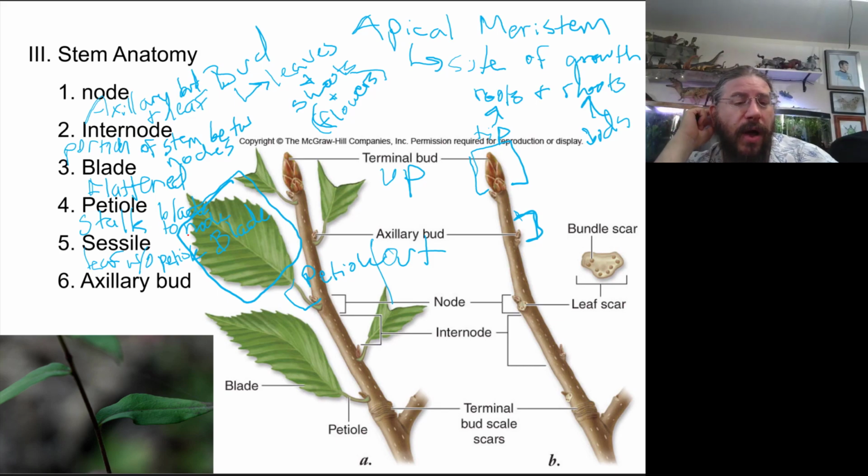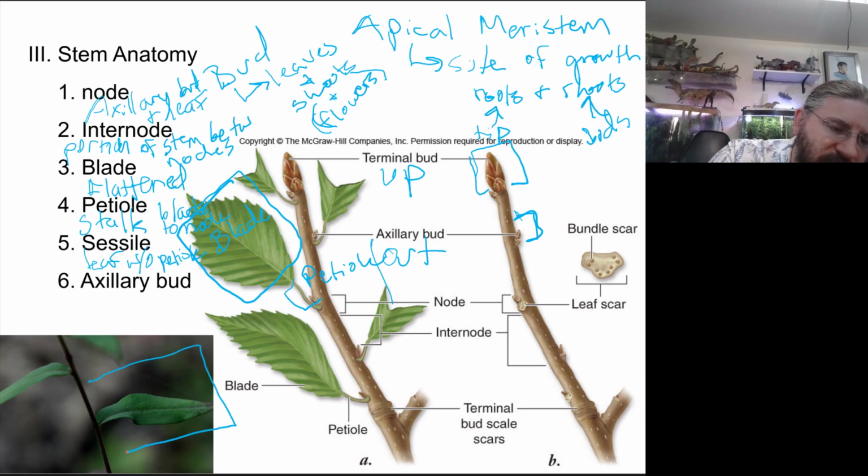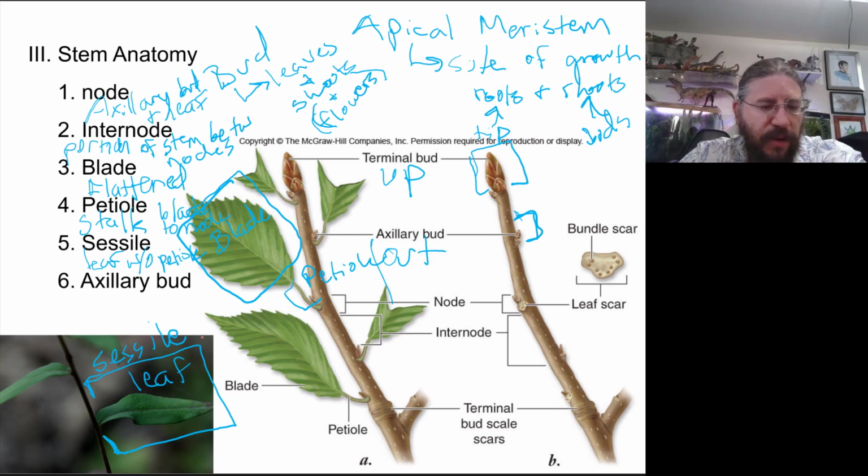You might say, well, what part of a plant isn't sessile? Well, in this case, that petiole allows for a lot of resistance to, let's say, wind and snow and weight being added onto it. Essentially it allows the leaf to bend and move around in different environmental conditions. A sessile leaf is going to have much less flexibility. This over here is a sessile leaf. So, there you go.